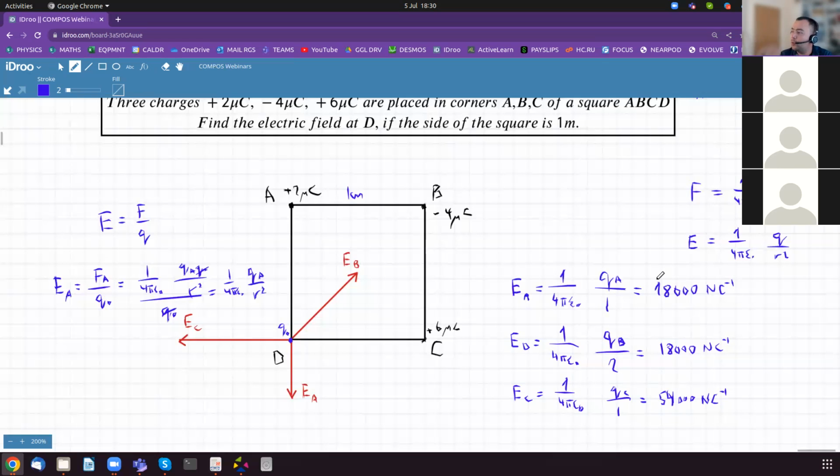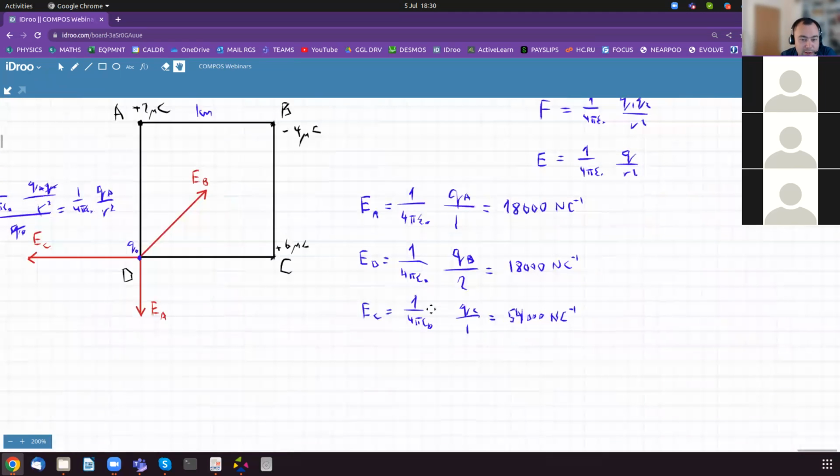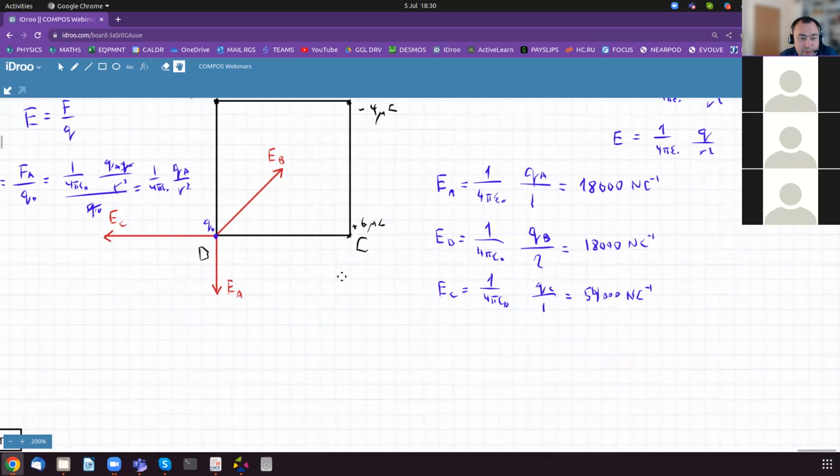But as you remember, 1 coulomb is an incredibly large charge, so it's not really such a large field. It's a very typical field created by 3 very, very small charges. And then all you need to do is just to be able to add vectors.